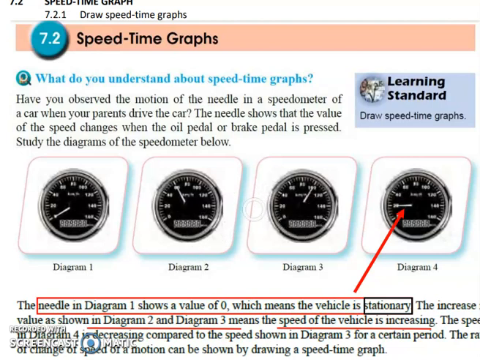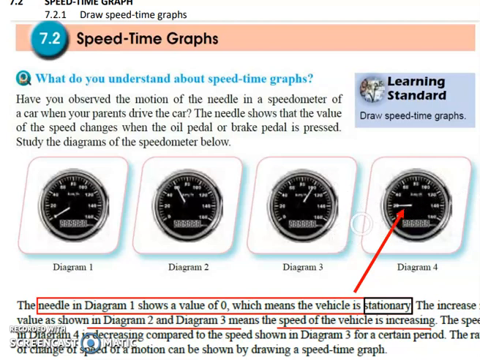The increase in speed here we call acceleration. Acceleration means the vehicle is getting faster as the speed increases. And then the last diagram, diagram 4: from 100 km per hour, the speed decreases to 20 km per hour.